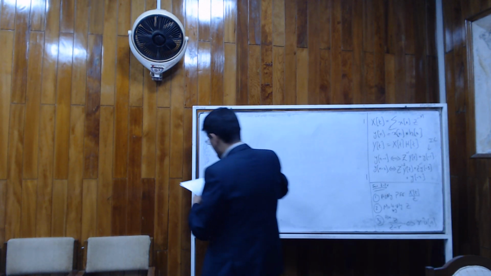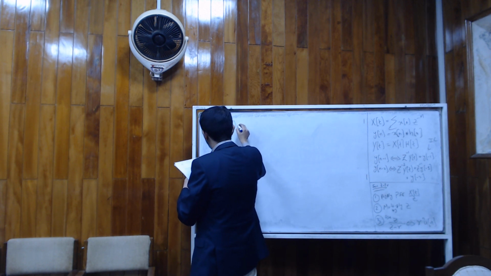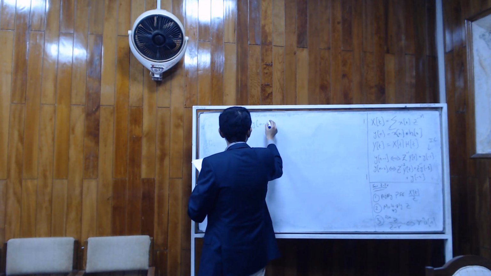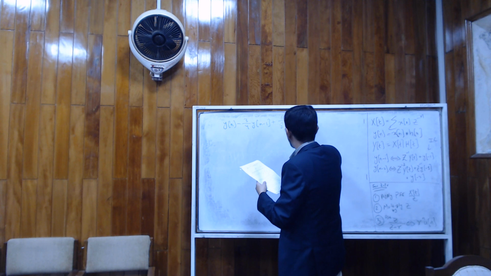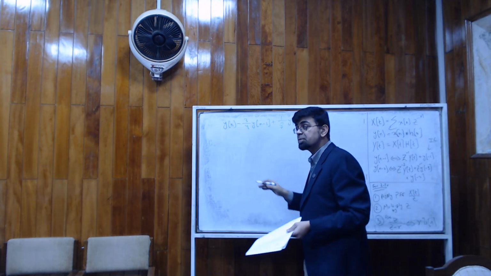So let's say you are given a DT-LTI system, and the system is yn minus 3 by 4 yn minus 1 plus 1 by 8 yn minus 2 equals xn. This is a problem you're given.